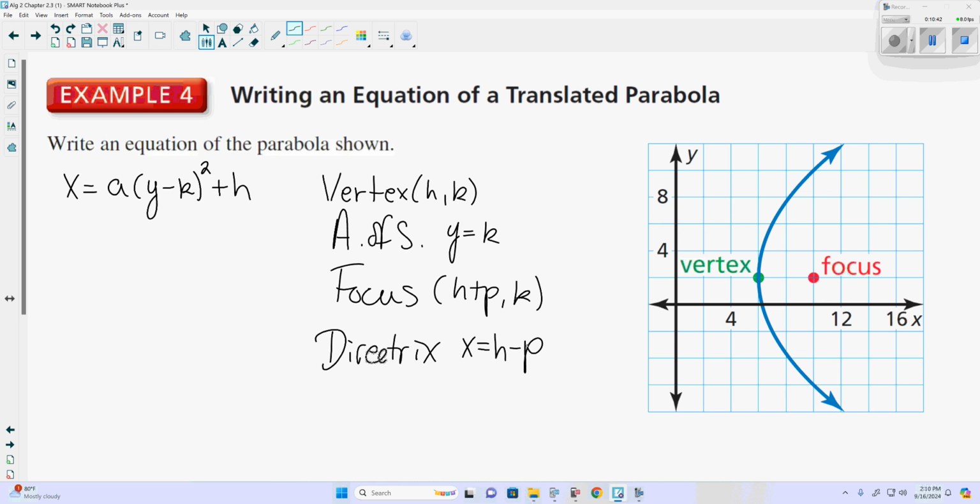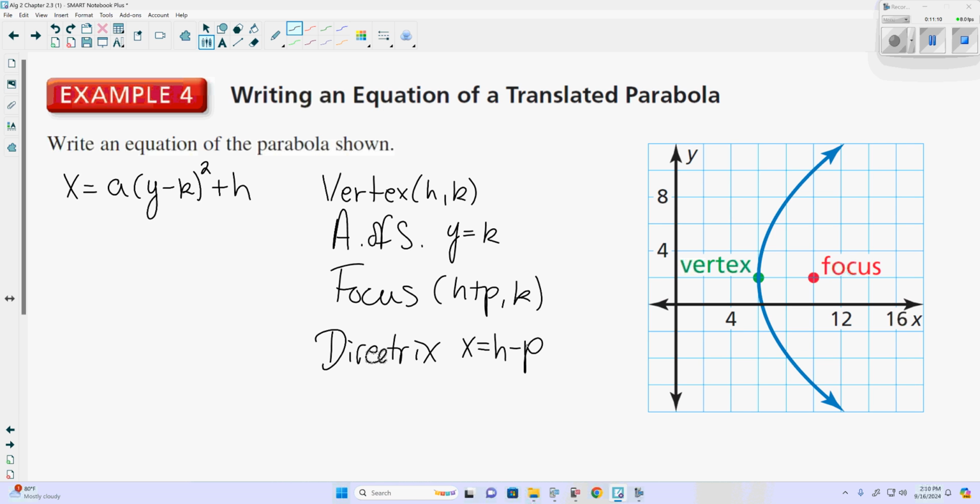Again, all this, I just got it from the general form. Since we know that we're dealing with x equals: vertex, h comma k. Axis of symmetry, y equals k. Focus, h plus p comma k. Directrix, x equals h minus p. I'm just copying it down. This is the general form. This is the information we have. Questions on this here? We understand where we got this from, yes?